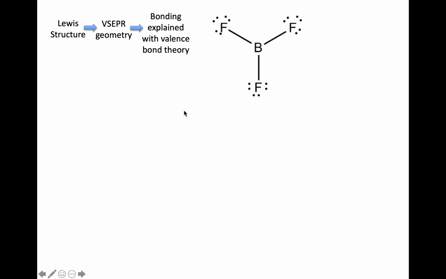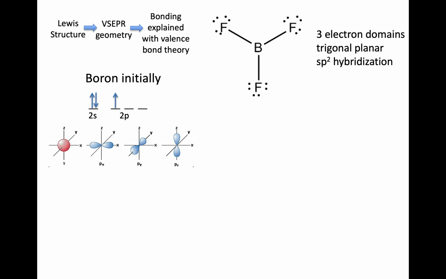Within BF3, for that central atom, I need to explain bonds in 3 directions and no lone pairs. It's trigonal planar. Trigonal planar, I would identify initially in my head as sp2. Then let's see what that means in terms of the orbital diagram. This would be a boron initially, 2s2, 2p1.